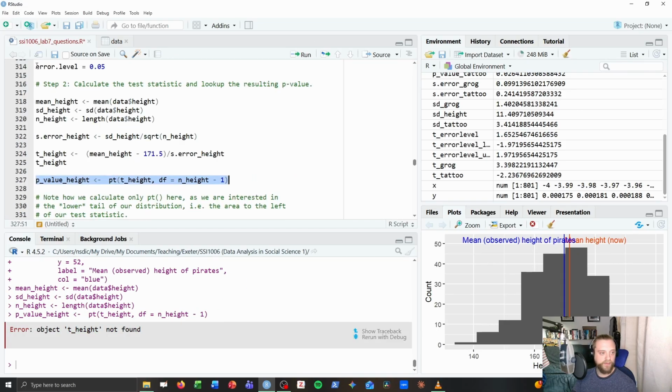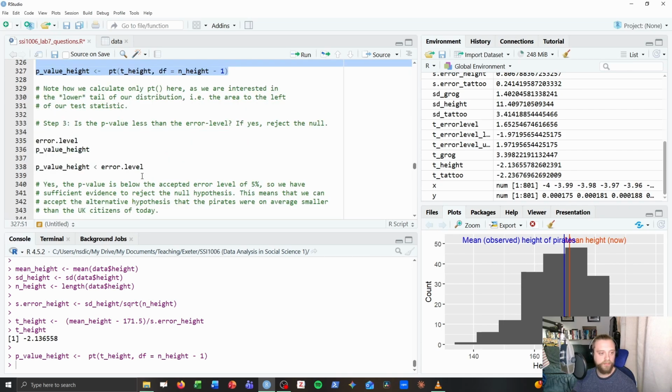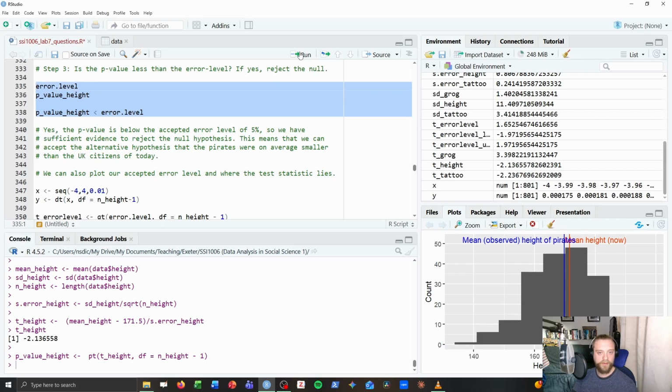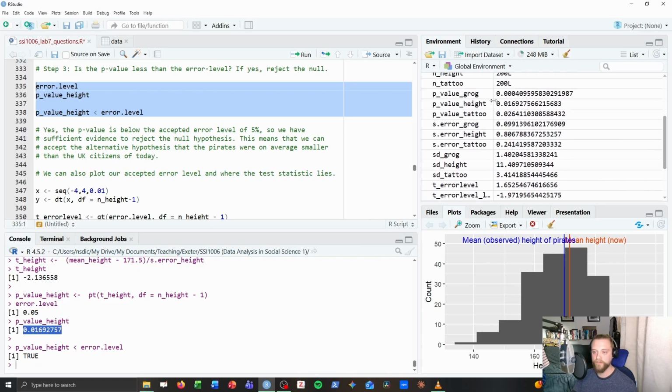So if I run these, T for height, you can see it looks pretty similar actually to our T for tattoos. Minus 1.31. Is that lower than our error level? Well, yes, it is. So there's our test statistic. Here's our p-value for height, 0.01.